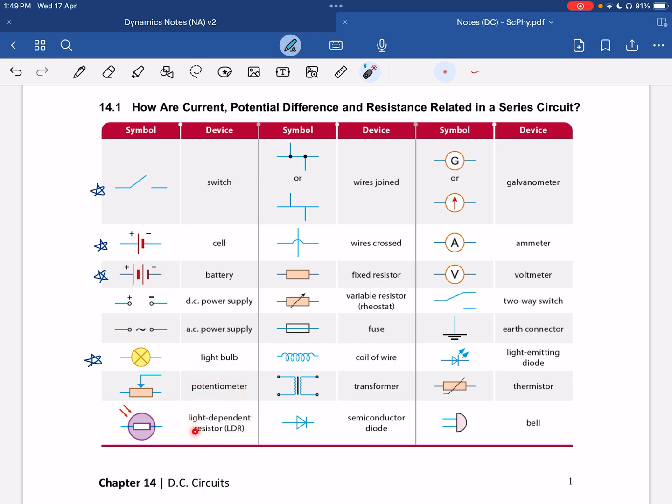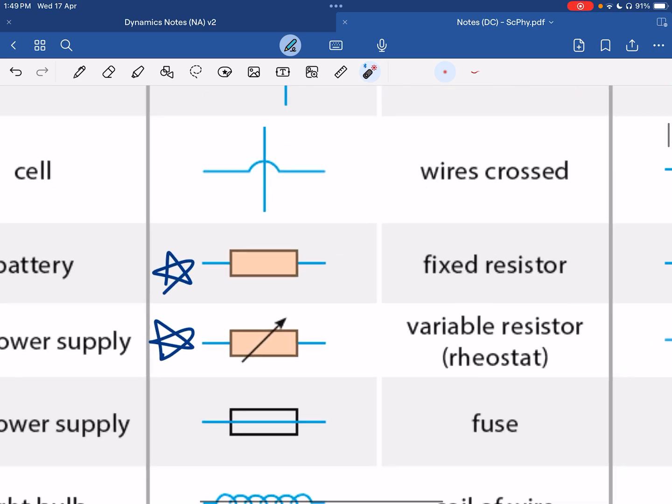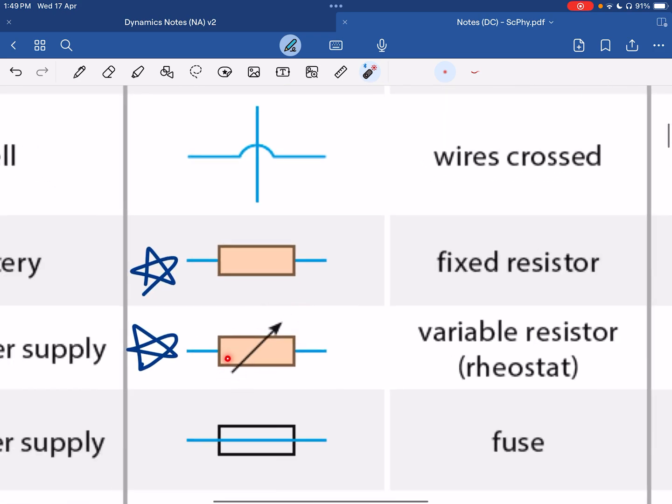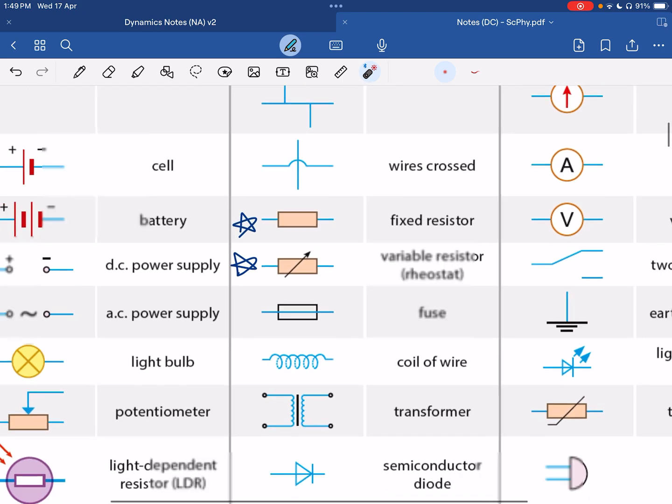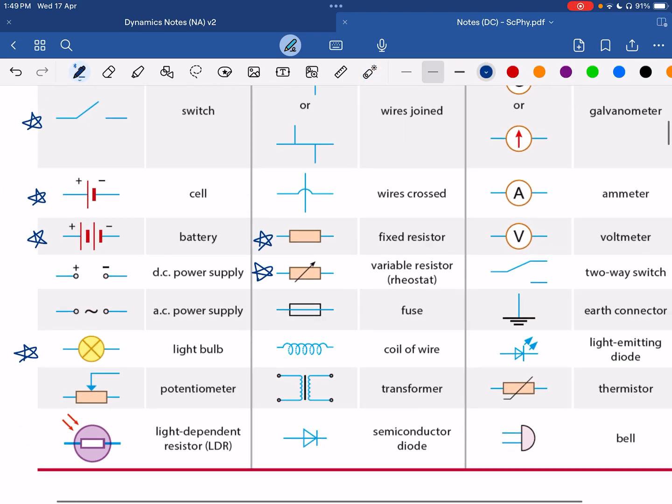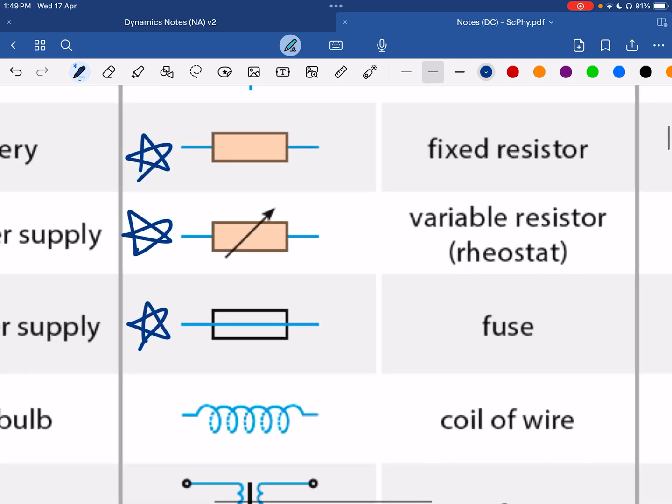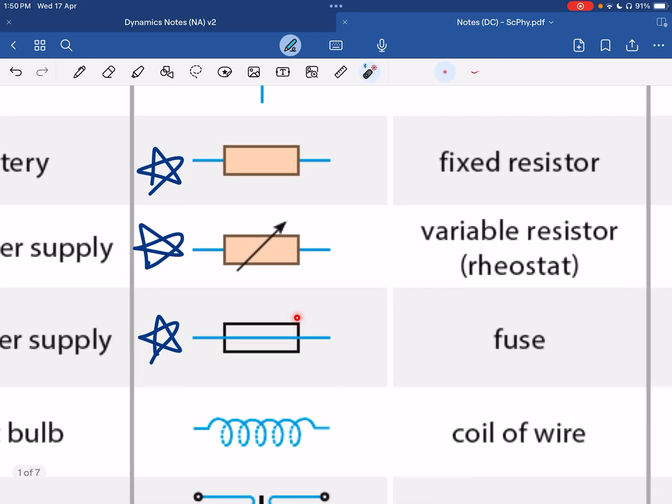Then we have a light dependent resistor, and then afterwards a fixed resistor and a rheostat, a resistor that changes its resistance. So basically, it's the same symbol as a resistor but with a diagonal arrow head. A fuse is just a box drawn through a wire.